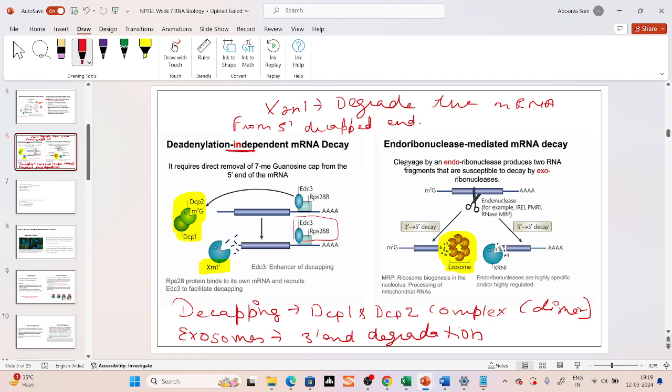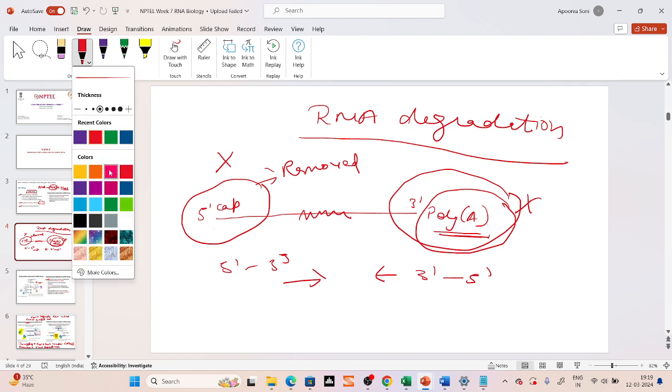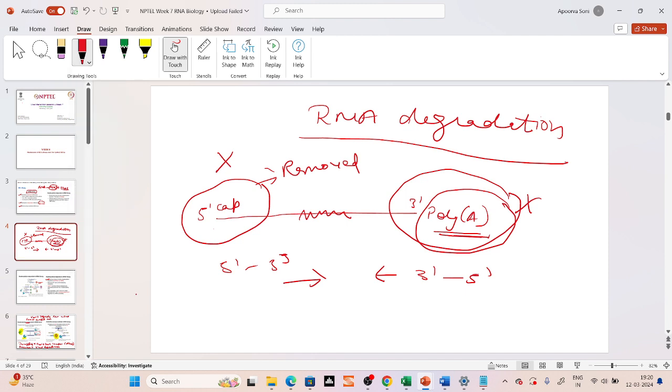Then the third one is endoribonuclease mediated mRNA decay. So I told you, just like here, that if this is your RNA and it has to undergo degradation, either it can undergo degradation from the 5' end or from the 3' end, but the prerequisite for degradation from either end is that this 5' cap has to be removed or this poly A tail has to be removed.